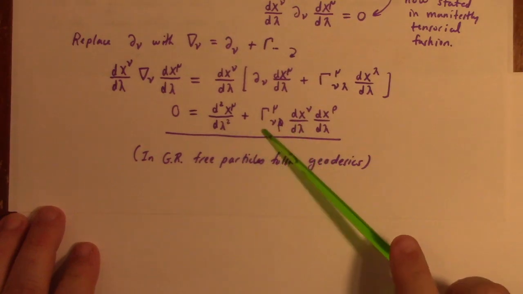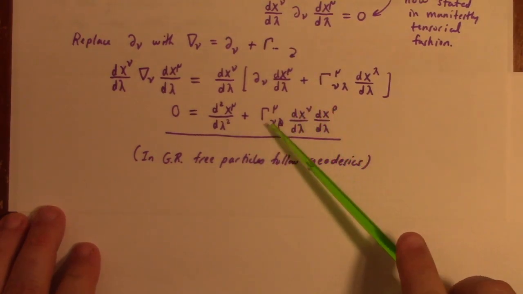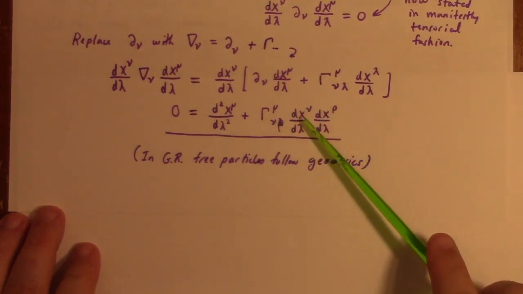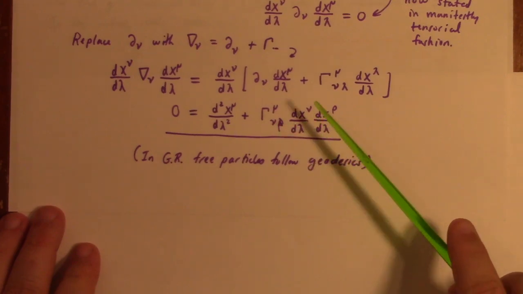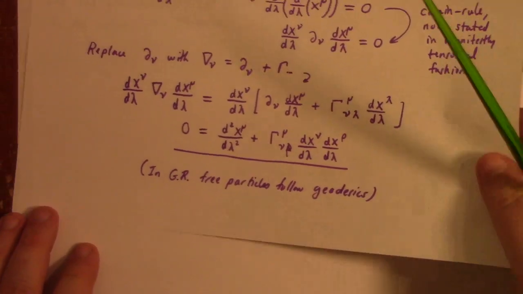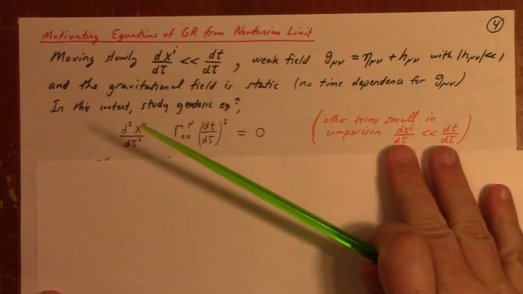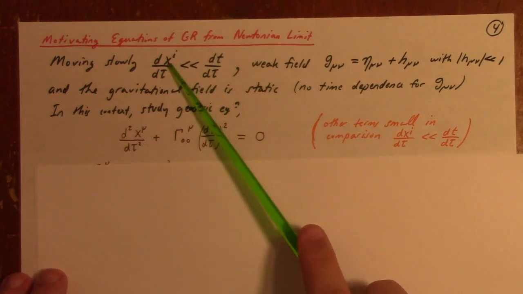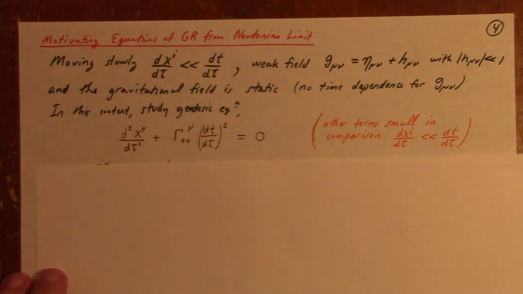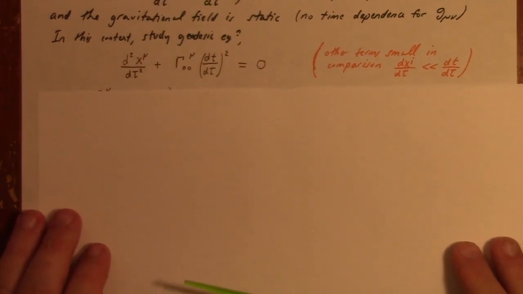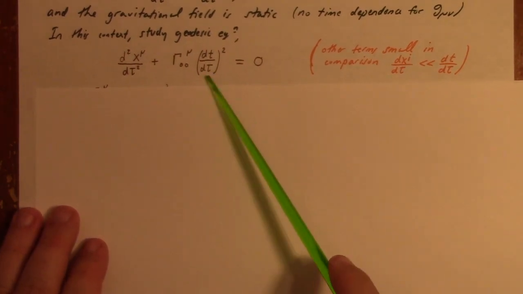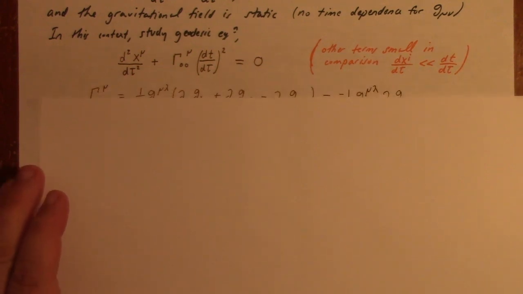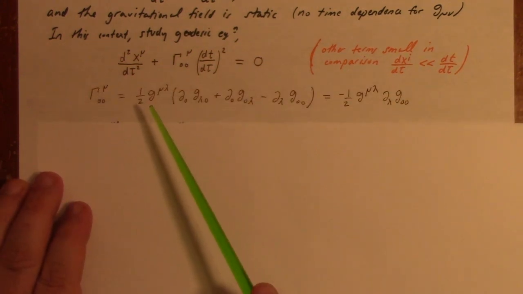This is a sum over nu and a sum over rho. In principle, though, there's an i. Those are sums over spatial indices. But we only keep the temporal term because we're looking at the limit where the temporal derivative, if you will, is much bigger than the spatial derivatives with respect to proper time. As such, the only thing of interest in the geodesic equation is this term. And so we can expand that.